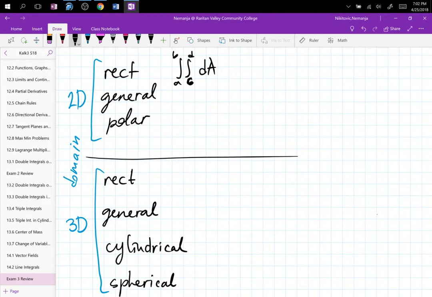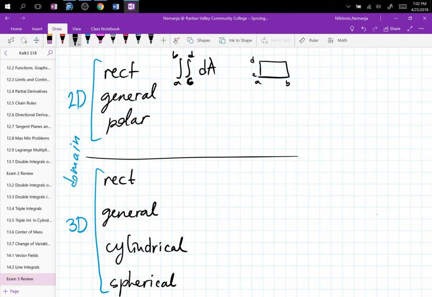So we are not talking about dimensions and what concept we are computing by this integral. Rectangular, general, and polar actually pertains to the domain and then what it has. So over here, we are looking at the A, B, C, D in the domain.